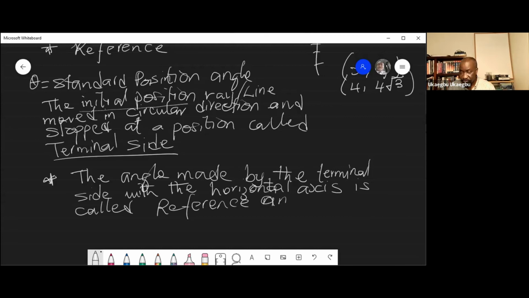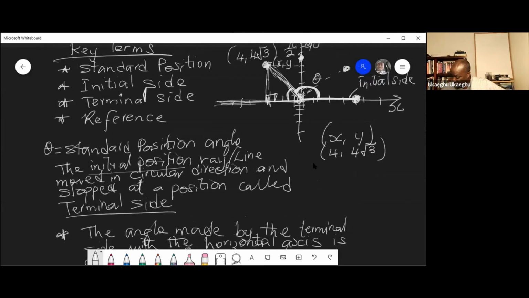Let me repeat. The angle made by the terminal side, with the horizontal, is called the reference angle. All right.